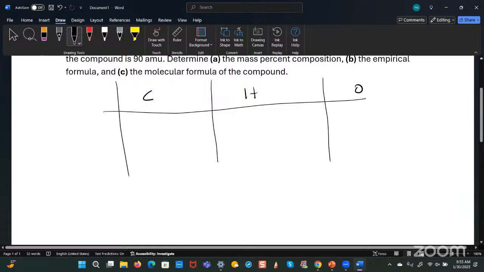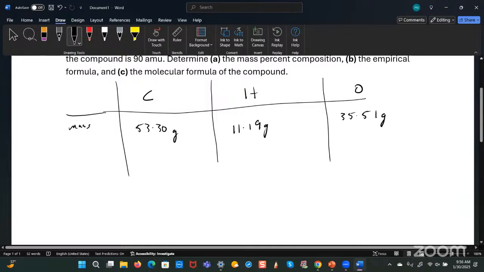Okay, what were the percentages for carbon, hydrogen, and oxygen that we determined from the A part? Carbon was 53.30. What about hydrogen? 11.19, and oxygen was 35 point something. 35.51? Okay, I'll take your word for it.